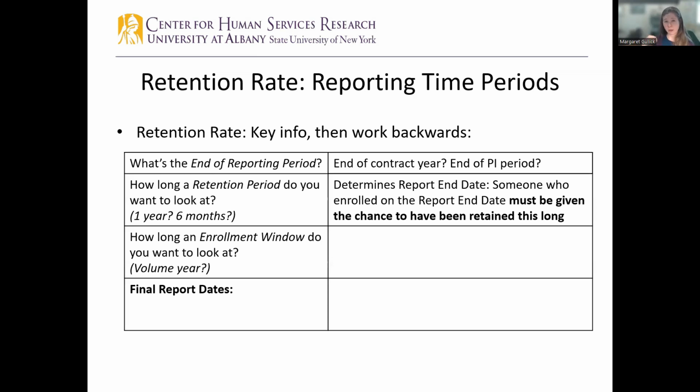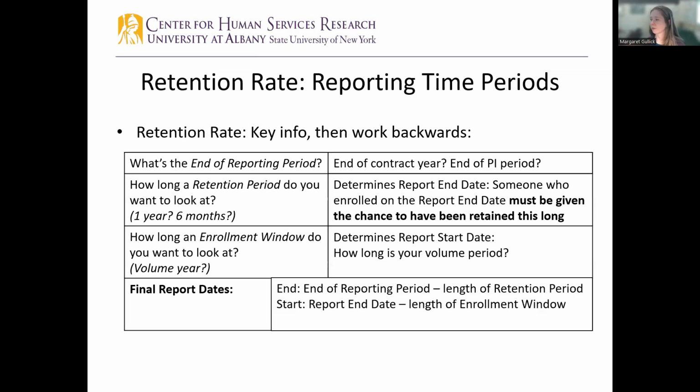So again, with the working backwards piece, this is going to help you figure that out. The enrollment window is going to help you determine your report start date. So how far back are you going? How many months worth of participants are you looking at to figure out what their retention rate was?